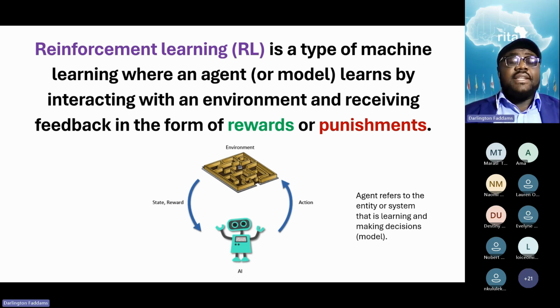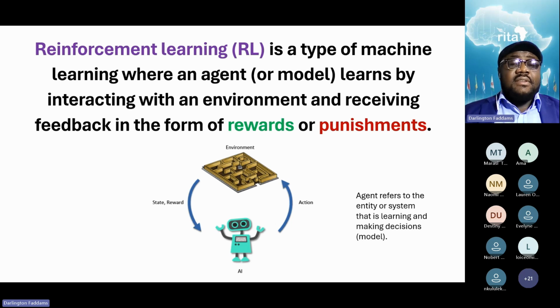With this type of machine learning, the model, mostly referred to as an agent, is trained by performing the task in a space that is technically referred to as an environment, the space that it works in. Based on its actions, it receives rewards or punishments. Why would it be like that?